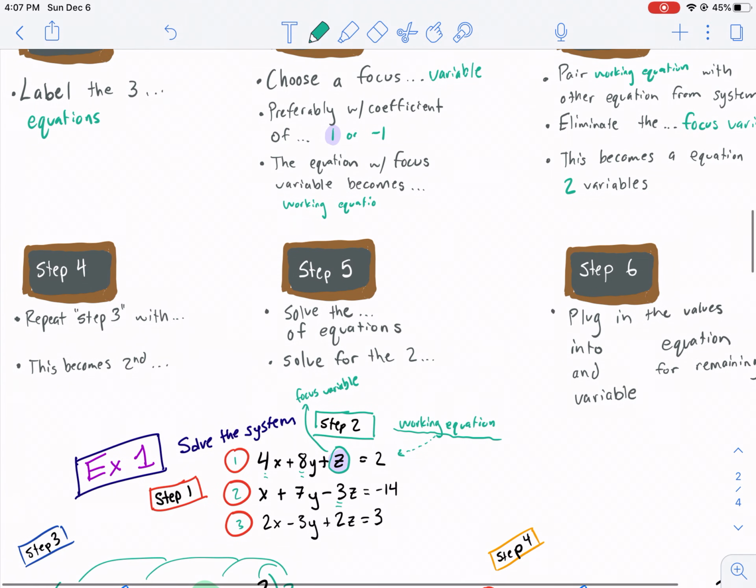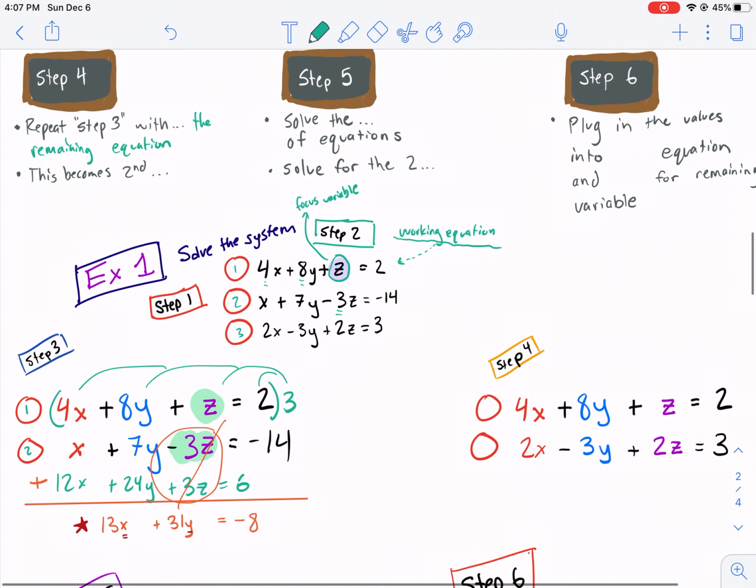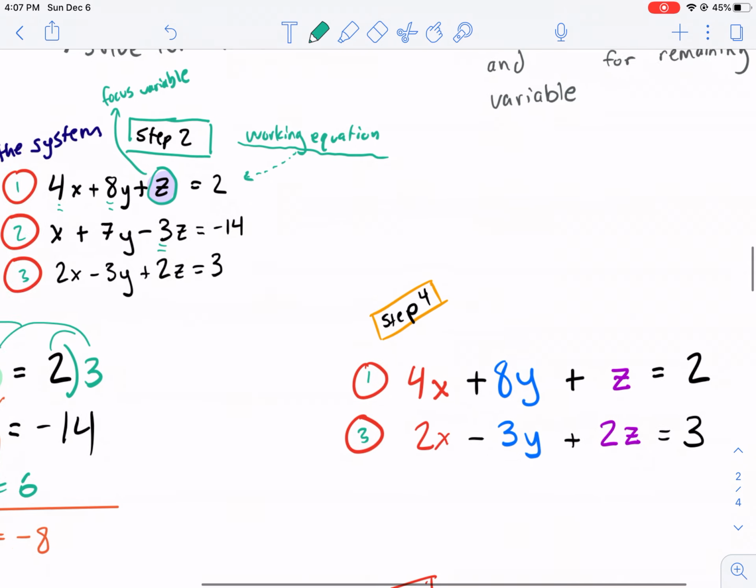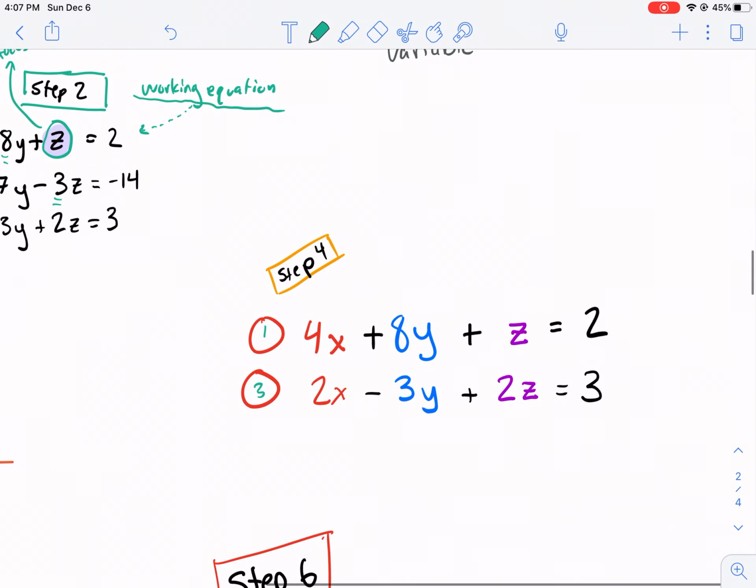Now on to step 4. We're going to repeat that whole process with the remaining equation. We already worked with number 2. Now we're going to work with number 3. We always have to pair up the working equation with whatever equation we're trying to work with. We have 4x plus 8y plus z equals 2.